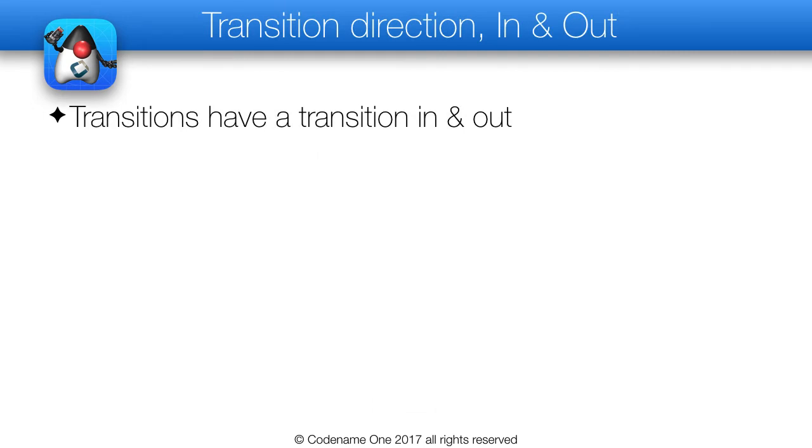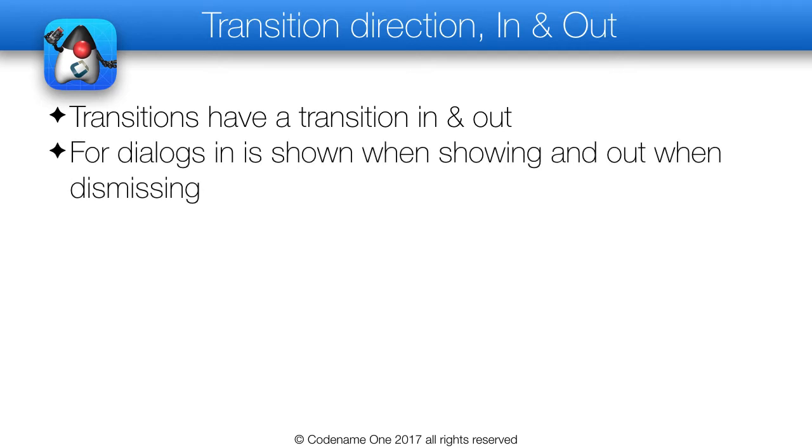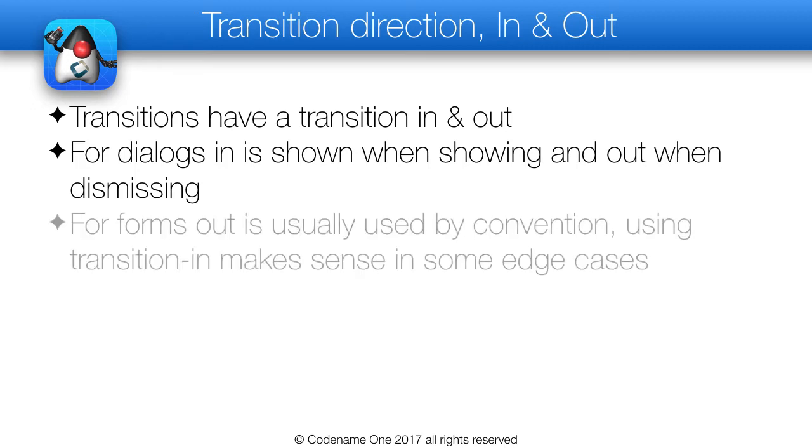When we apply a transition to a form, we have both an in and out transition. This is often confusing. For dialogs, the transition in is what we show when the dialog is shown, and the transition out is played when the dialog is disposed, so we usually need both.